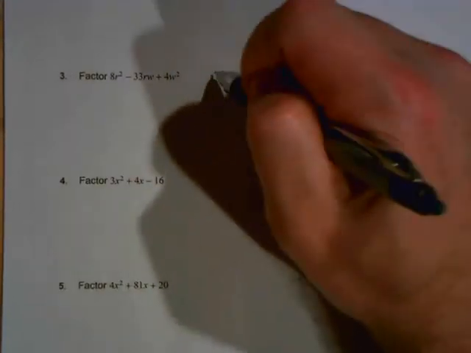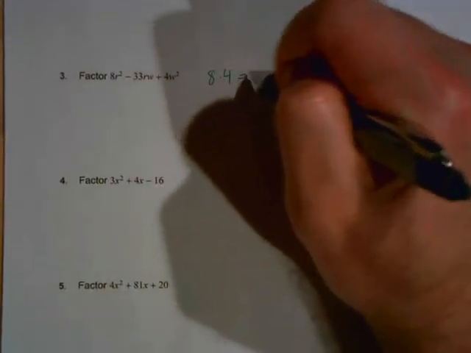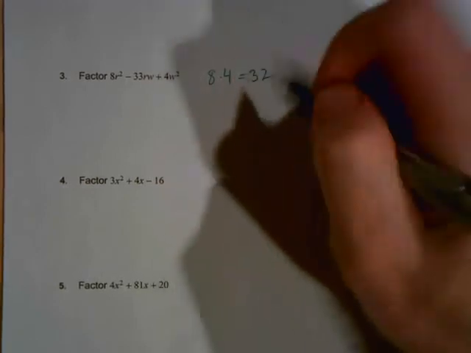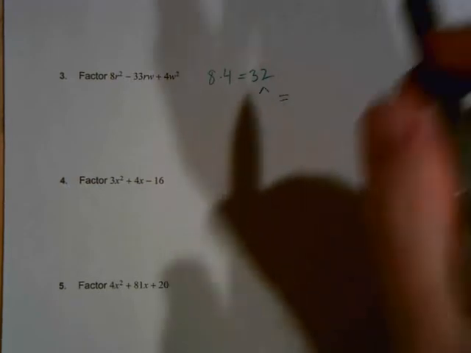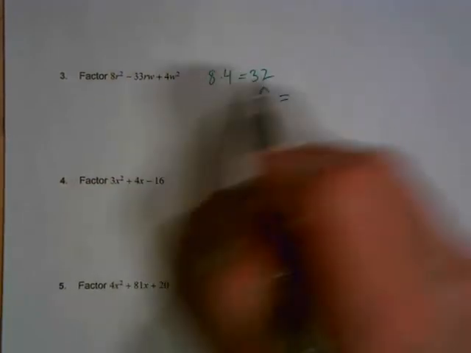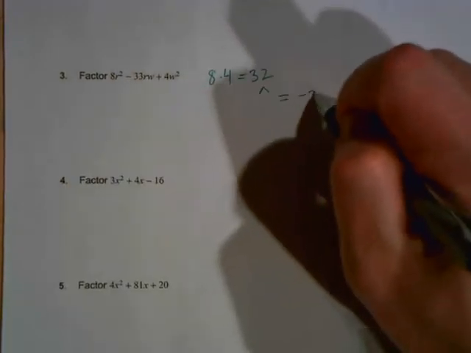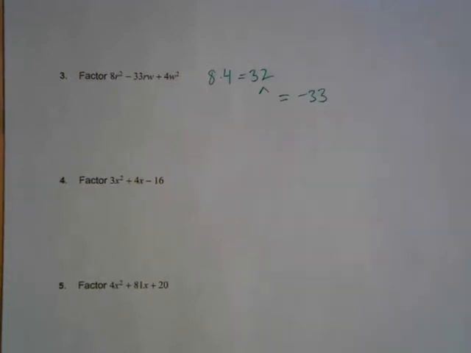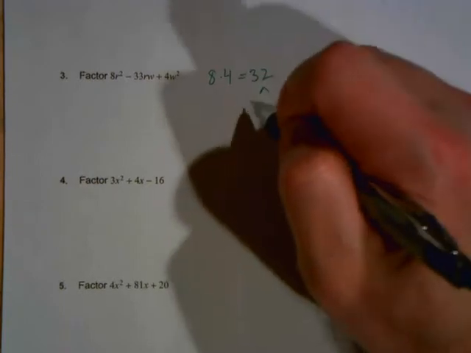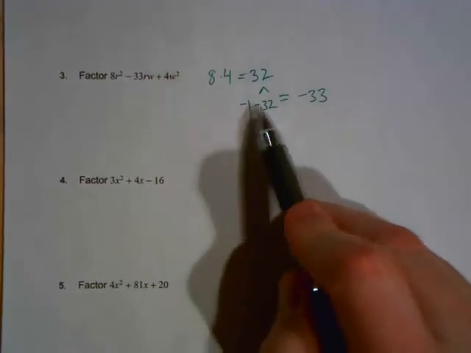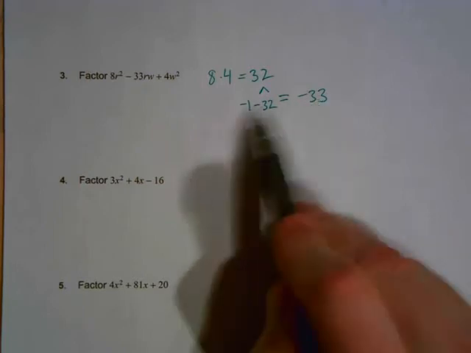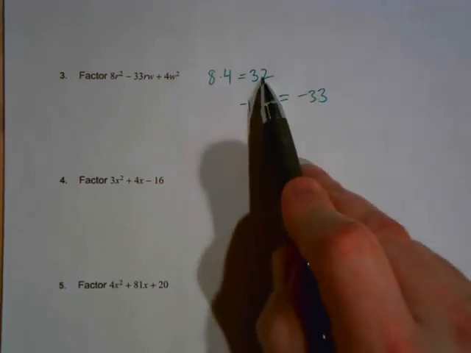I take 8 times 4. 8 times 4 is 32. I need to factor the number 32 so that my factors multiply to be 32 and add to be the number in the middle, negative 33. Well, let's see. This time I think I can just use negative 1 and negative 32. Negative 1 minus 32 is negative 33, and if I multiply those together, I do get 32.